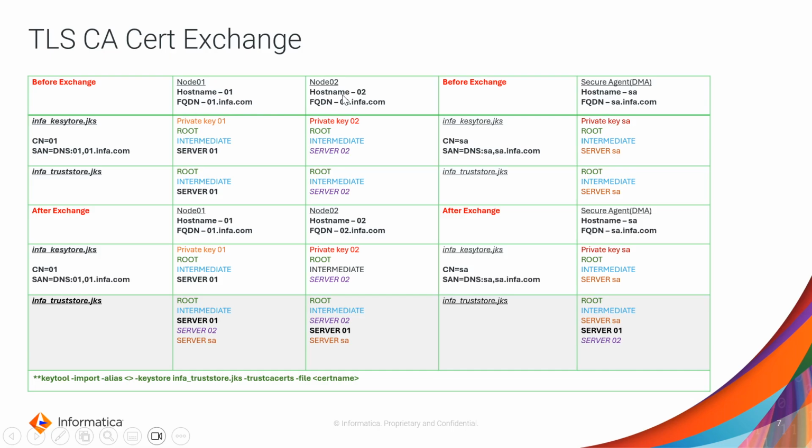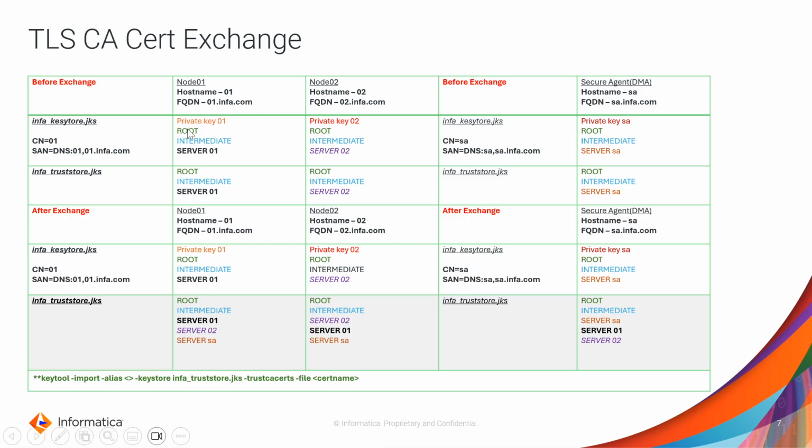On the other hand, node 2 host name is 02 and fully qualified host name is 02.infa.com. Similarly, secure agent host name is SA and fully qualified host name is sa.infa.com. I want to keep all the certificates unique for node 1, node 2 and the secure agent.